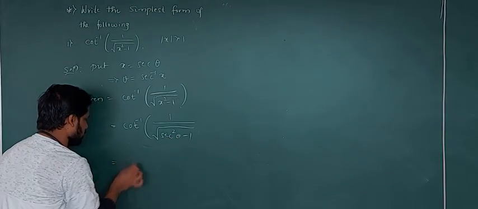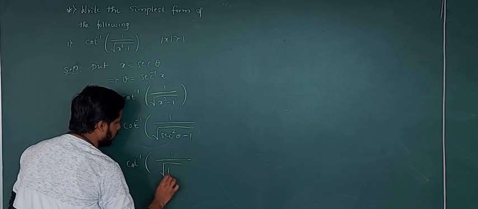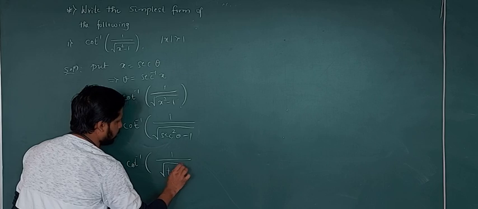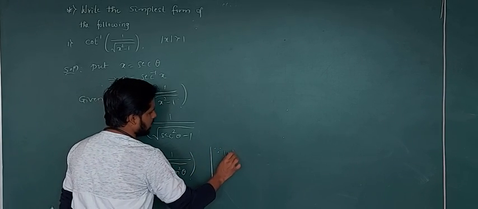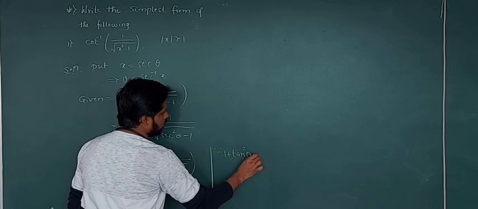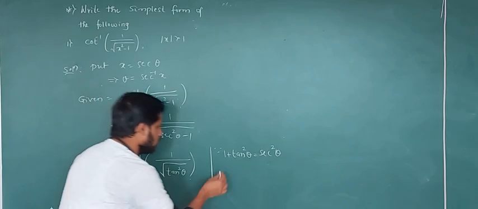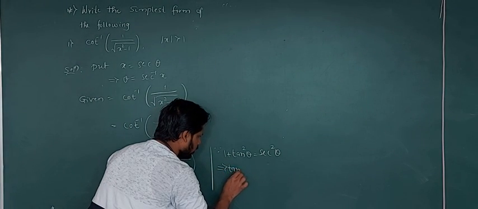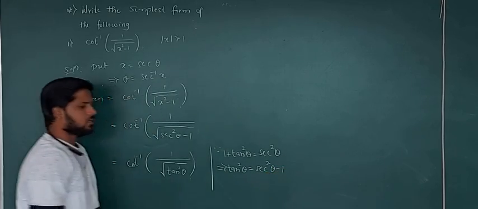This implies cot inverse of 1 upon square root of tan square theta. Because we know that 1 plus tan square theta is equal to sec square theta, so this implies tan square theta equals sec square theta minus 1.